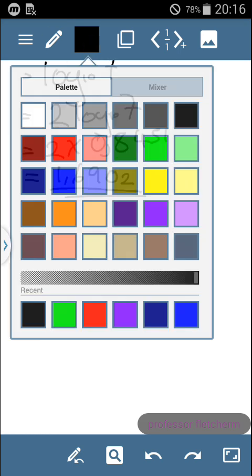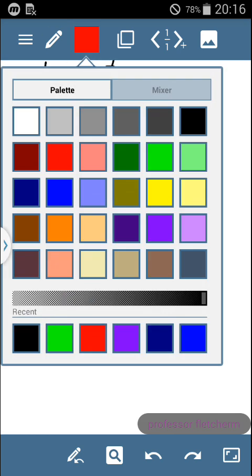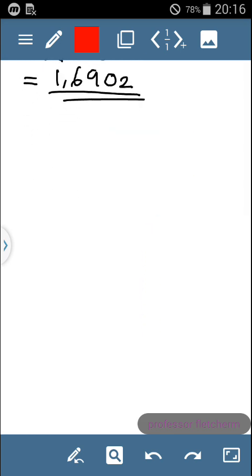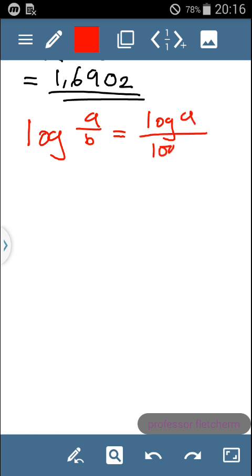I'll just try to recap the laws before I end this broadcast. The first law that we dealt with is that log a over b is the same as saying log a over log b.